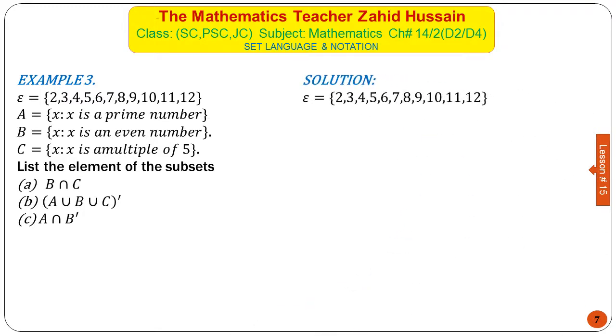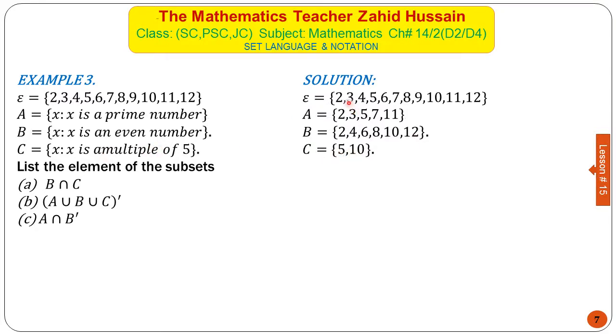Universal set is already written in listing form. Set A, which is prime numbers belonging to the universal set, is 2, 3, 5, 7, 11. Set B is the set of even numbers from the universal set: 2, 4, 6, 8, 10, 12. Set C is multiples of 5.